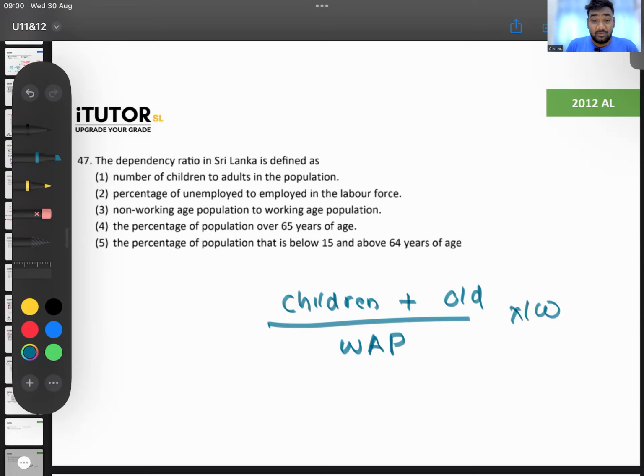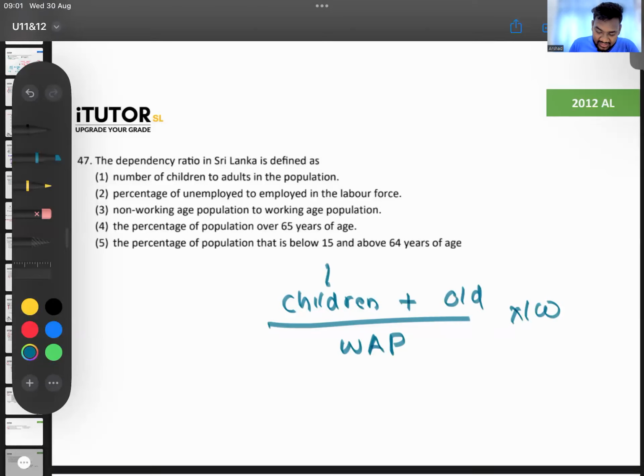The percentage of the population that is... is it number 5? Don't you think number 5 is incomplete? Number 5 says percentage of population that is below 15 and above 64.